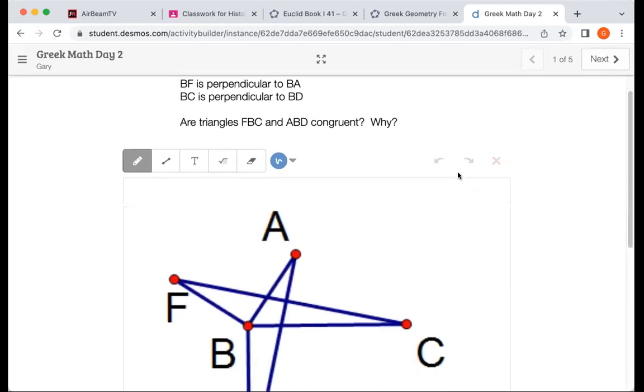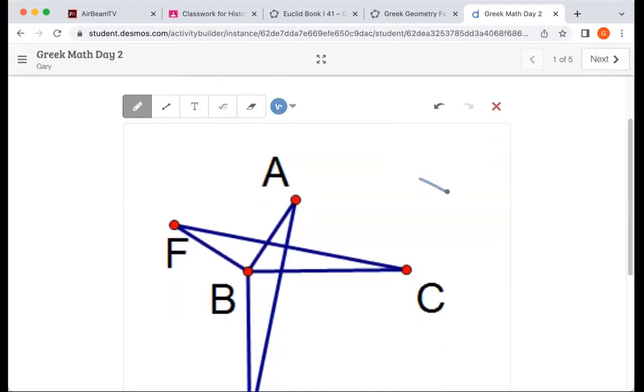Okay, now you have your own picture which you could draw on.